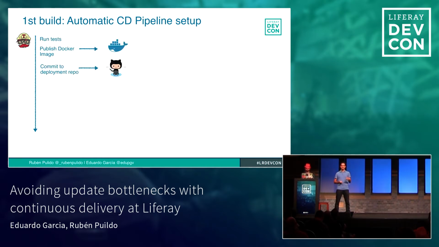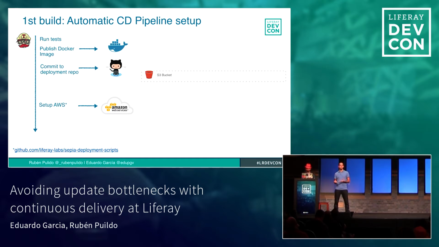So first, as we mentioned before, tests are run, a new Docker image is published, and a commit is made to this repository. And now the interesting part: only during the first execution of the build, we invoke AWS services through those scripts that are also available to you to set up the pipeline.